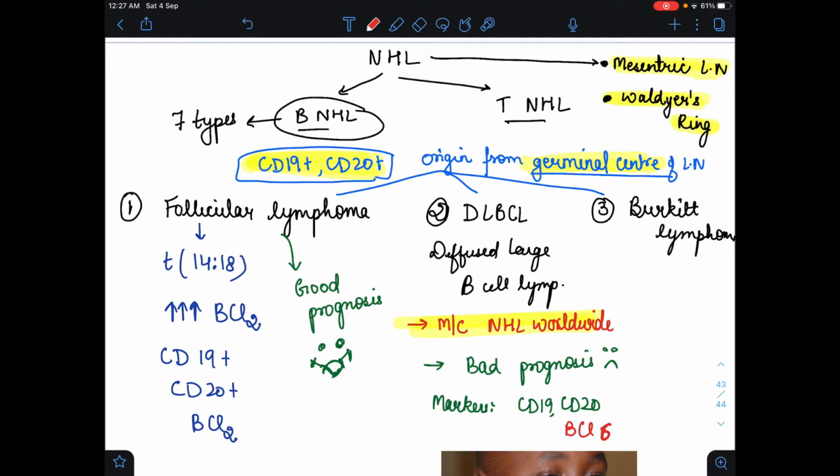Please remember that if in the clinical case the markers show that BCL6 is present, then the question is about DLBCL. And if there is BCL2, then the question is about follicular lymphoma.